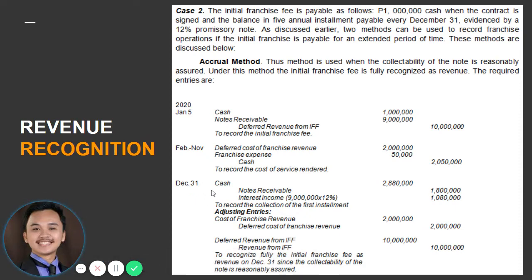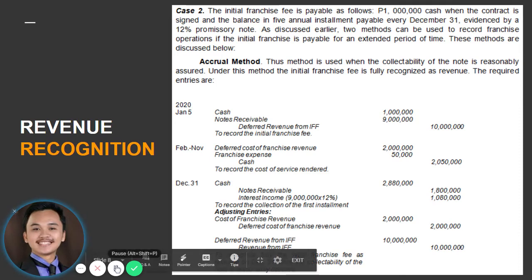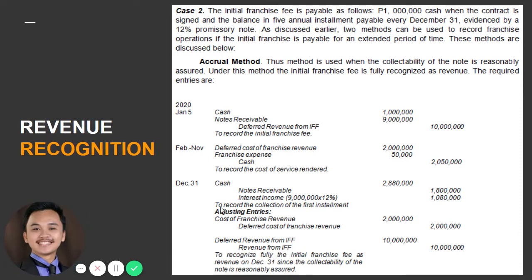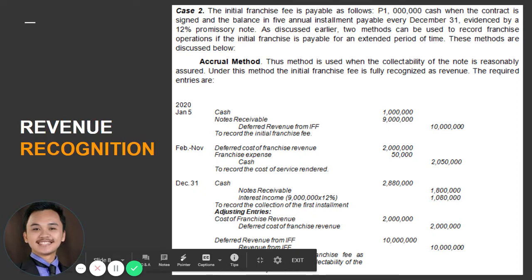So on December 31, we'll have the first installment, okay? We will have the first installment. Take note na ang 9 million nga notes receivable will be payable daw for equal installments every December 31. Okay? December 31. So therefore, ang first payment, guys, will be this year also December 31.